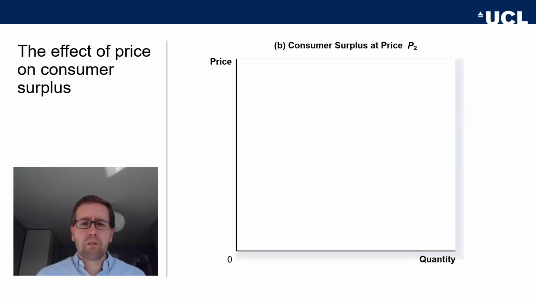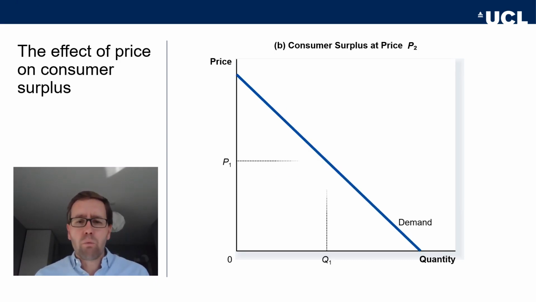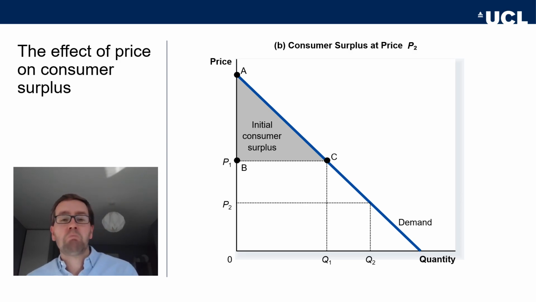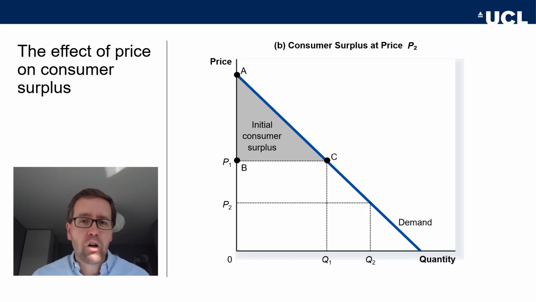Now, what happens if the price changes? Well, we have our price level here, P1, quantity demanded Q1, and we had our initial consumer surplus. But what happens if the price of espresso falls?